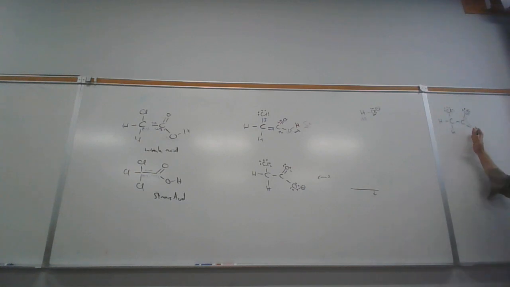And so the inductive effect is going to be, we don't call this a terminal because both of these are terminal. So there's no distinction there. But we're looking at this -1/2, which is the average charge on each oxygen.